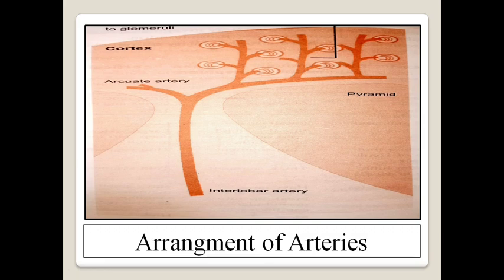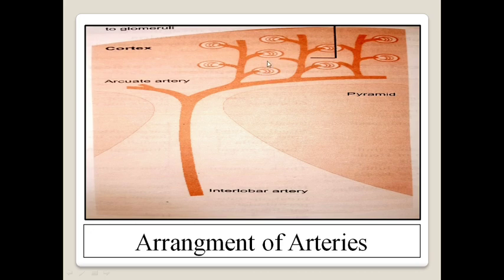We had discussed earlier what the differences are between the cortical nephron and the juxtamedullary nephron. In the juxtamedullary nephron, this efferent arteriole forms the vasa recta, while in the cortical nephron it forms only the peritubular network. We have discussed it earlier very well. So this efferent arteriole runs as either vasa recta and peritubular network to the juxtamedullary nephron, or to the cortical nephron it acts as the peritubular network.